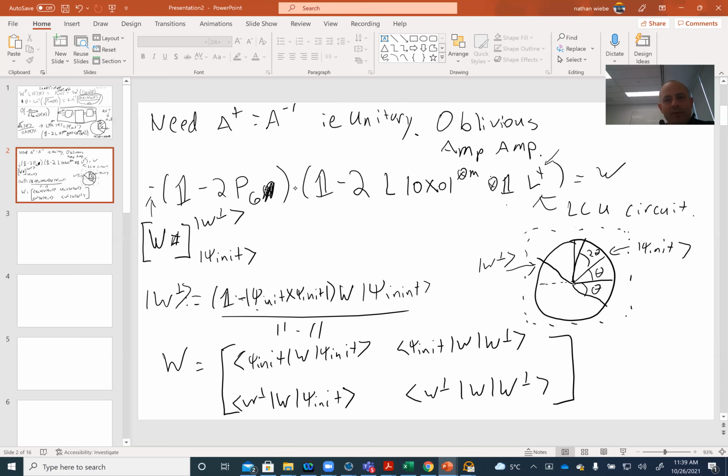Now, in the interest of time and your patience, I'm just going to compute this matrix element. The rest, you can see how you would find from that.